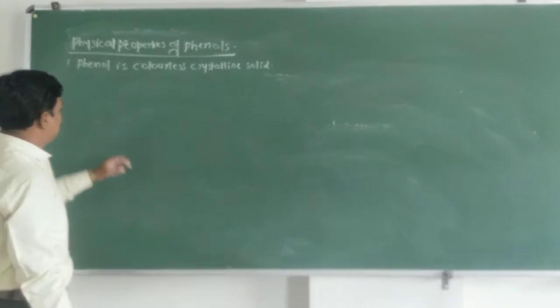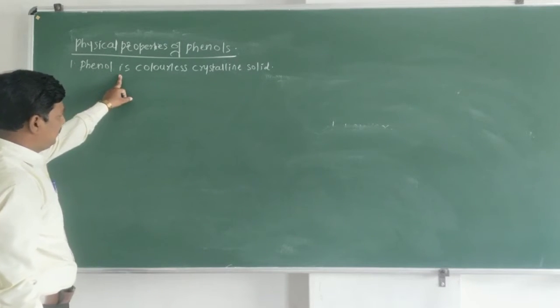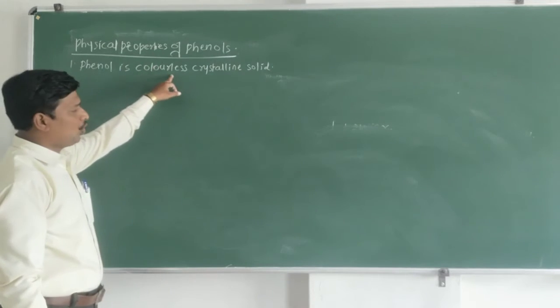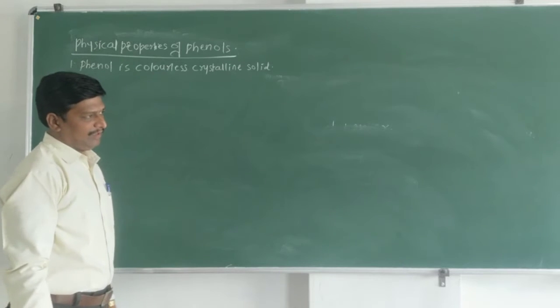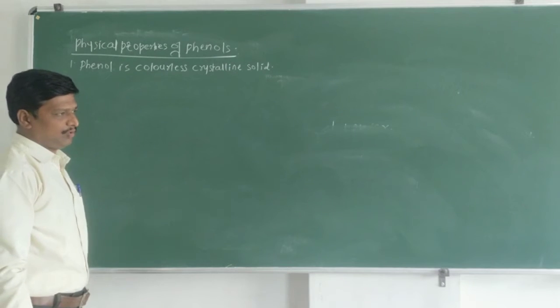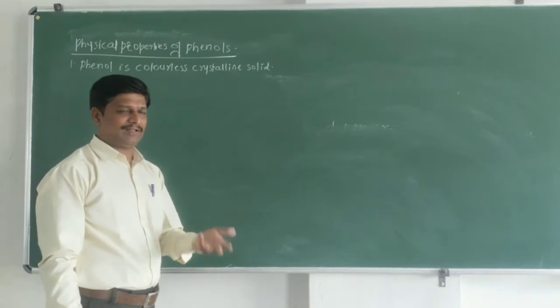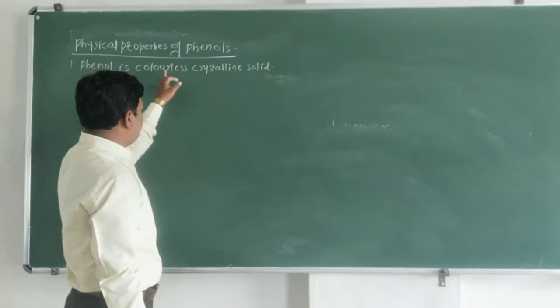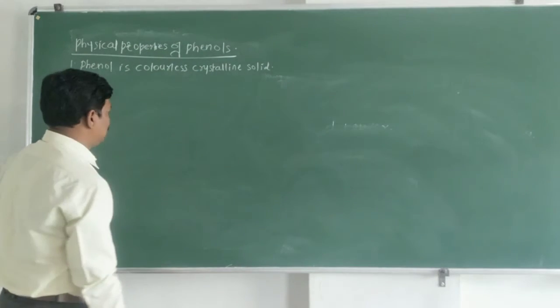When phenol is in a pure state, it has no color and it is a solid, a crystalline solid. You know that there are two types of solids, one is crystalline and the other is amorphous. But when it is pure, it is a colorless crystalline solid.